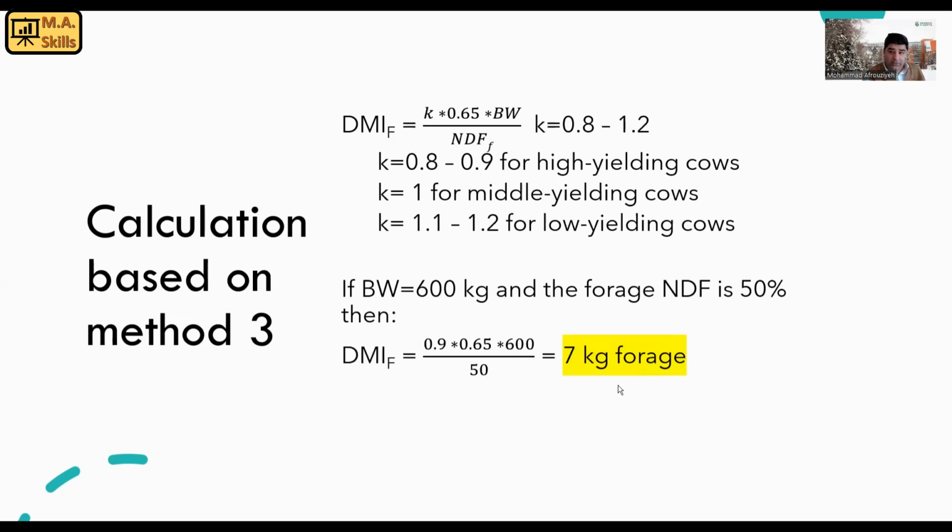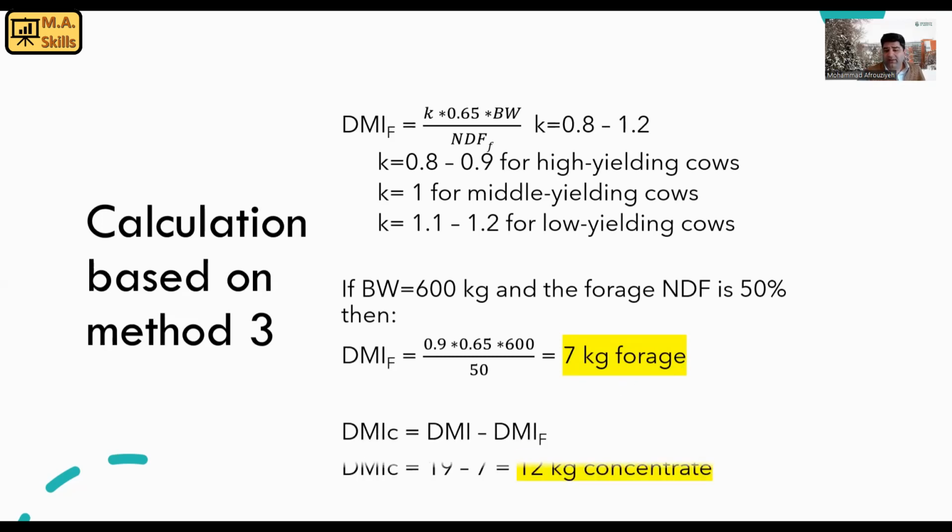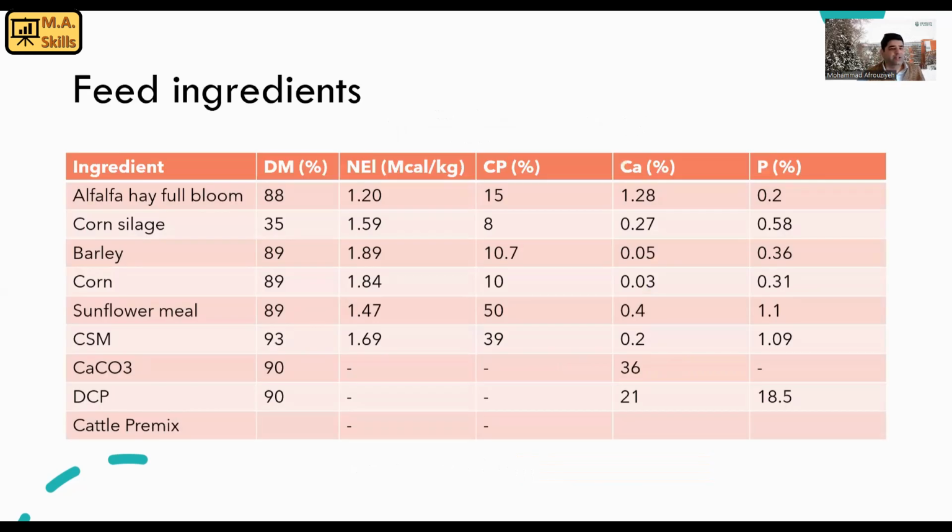So remember, we had 19 kilo dry matter intake. Now we know that from that 19 kilo, 7 kilo is going to be forage and 12 kilo is going to be concentrate. So far I have determined the amount of forage and concentrate in my diet based on dry matter, not based on as-fed. We will calculate the as-fed in the last step of feed formulation.